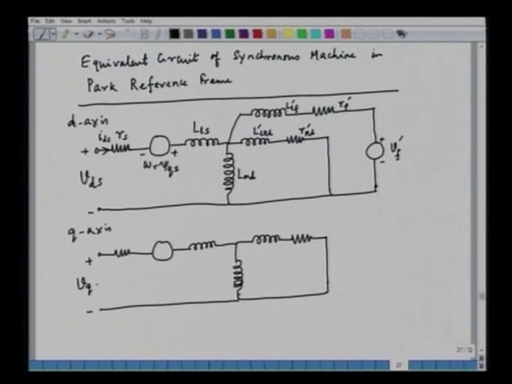VQS is the stator q axis voltage, the resistance is Rs, and this is IQS, the q axis current, and we have rotational induced EMF.